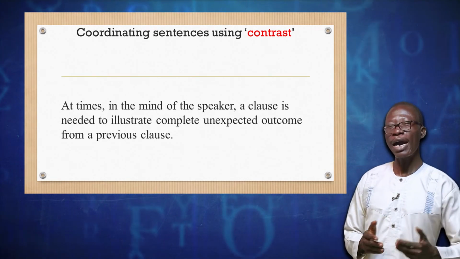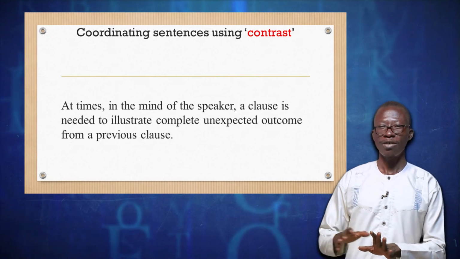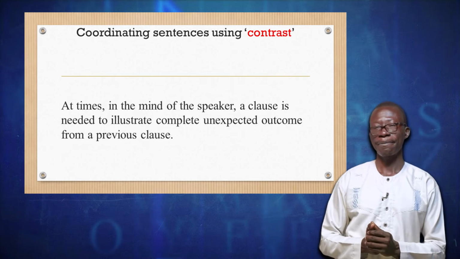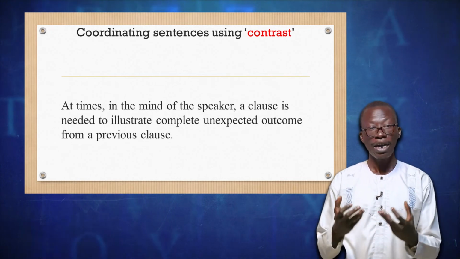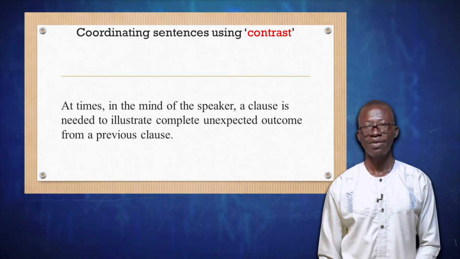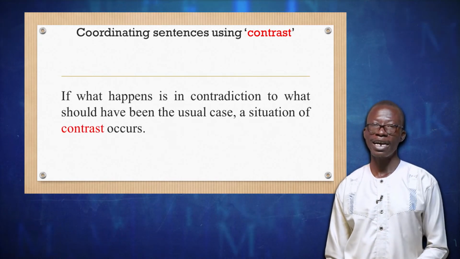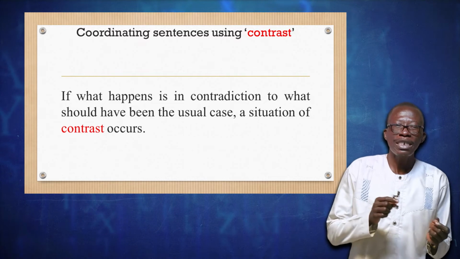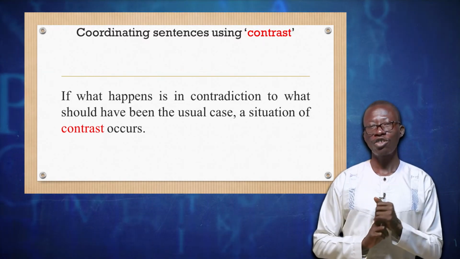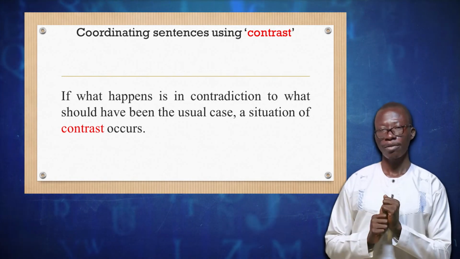Unfortunately, or for one reason or the other, the next action doesn't happen the way it is being expected. Then contrast comes in, and the one addressing you will want to illustrate this. And how does it come by? If what happens is in contradiction to what should have been the usual case, a situation of contrast occurs.